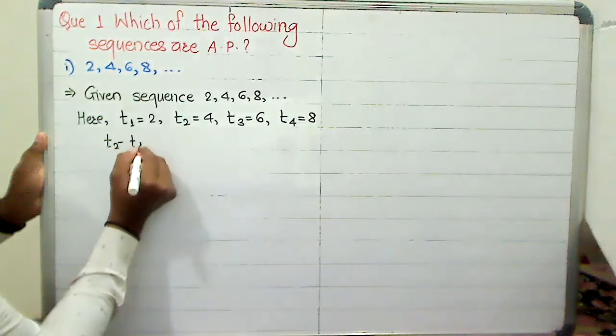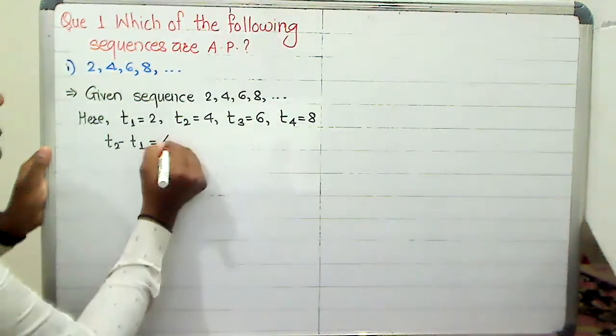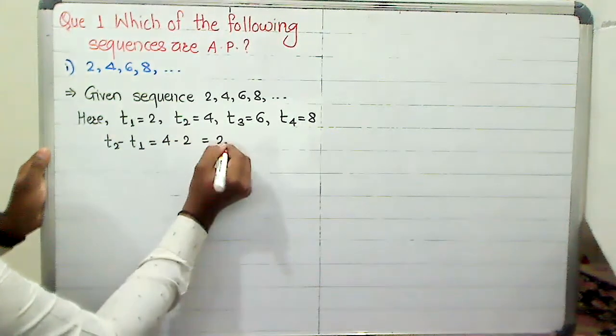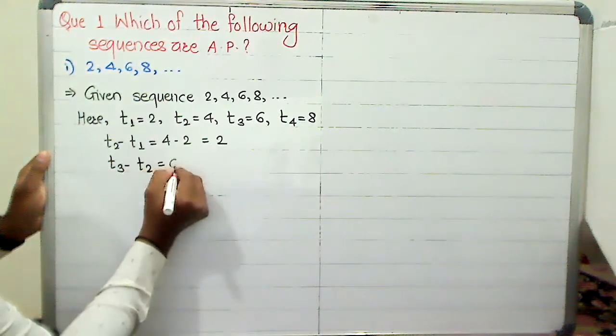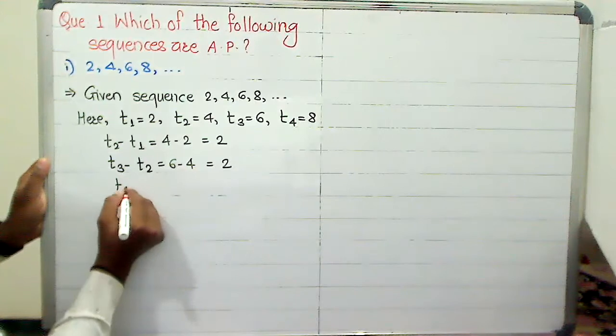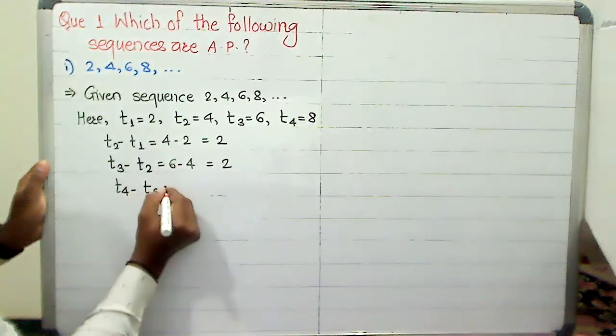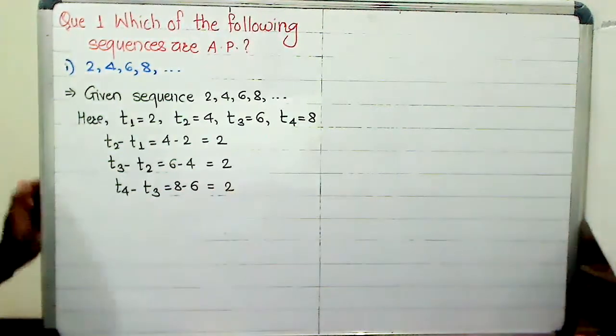T2 minus T1 is 4 minus 2, which is 2. Then T3 minus T2 is 6 minus 4, which is 2. And T4 minus T3 is 8 minus 6, which is 2.